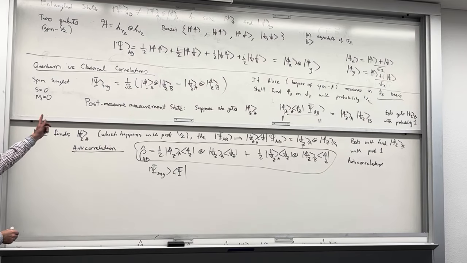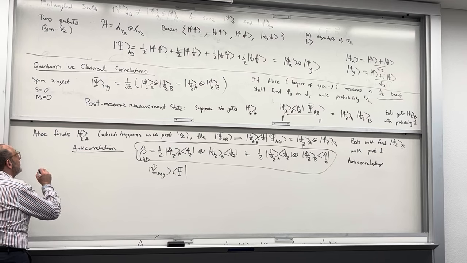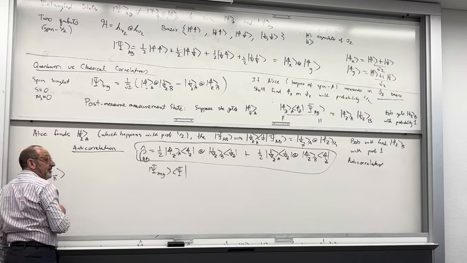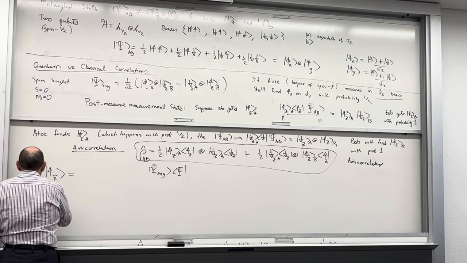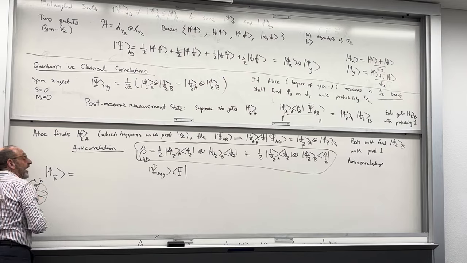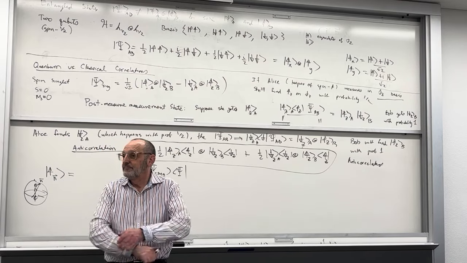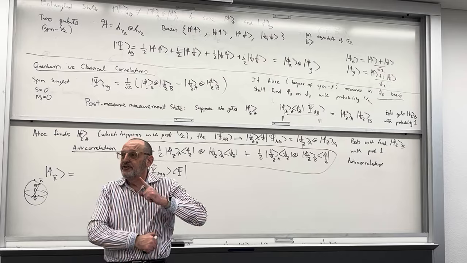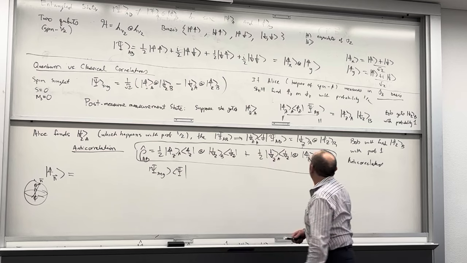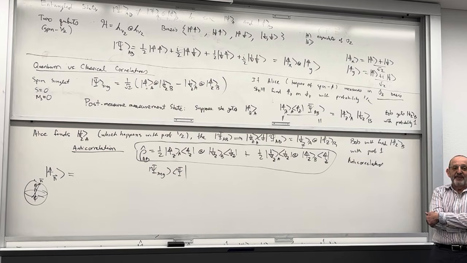And what's special about the singlet is that it doesn't matter which direction in space I write spin up along. You'll remember, if n is a vector, some direction n on the unit sphere, which has polar angles theta and phi, I can always write spin up and spin down along that direction as a superposition of spin up and spin down along z. Who remembers how to write that superposition in terms of theta and phi?